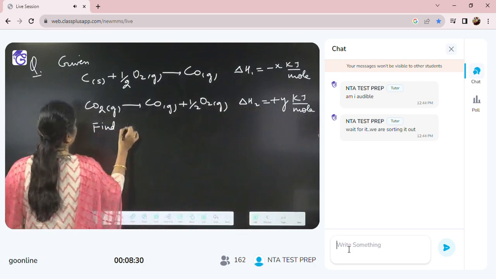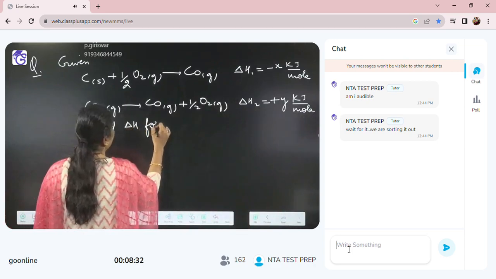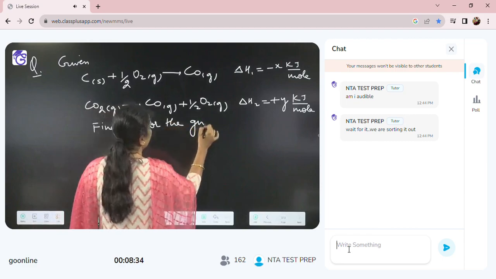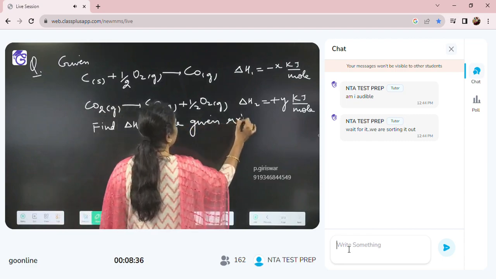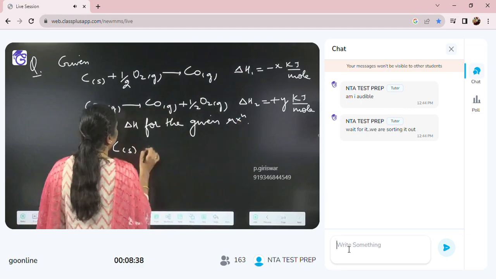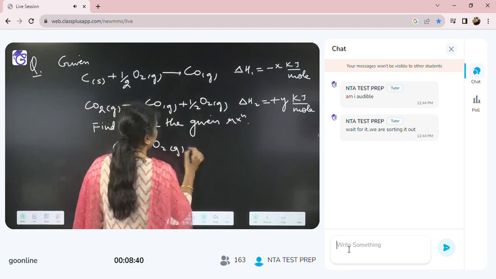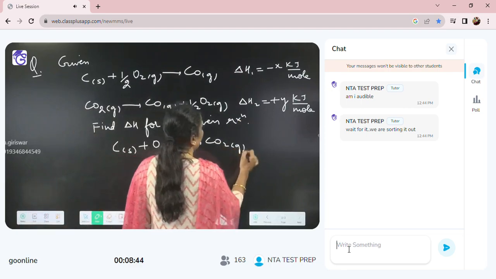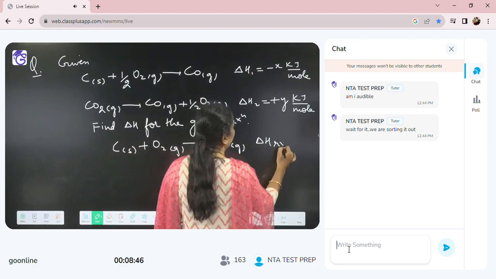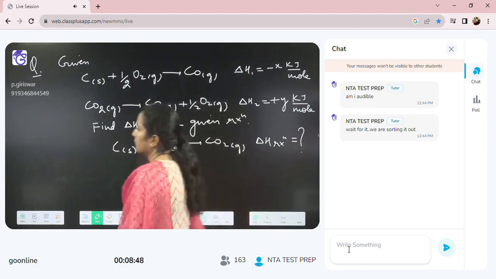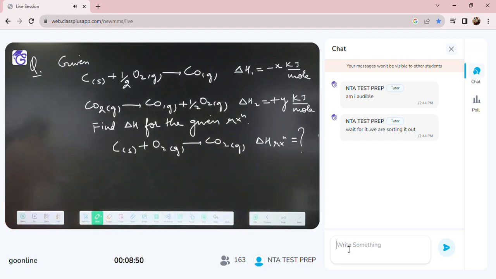Find delta H for the given reaction. I'm writing down that reaction. For that reaction you have to write down carbon solid plus O2 gas giving you CO2 gas. For this reaction you have to find out delta H. Find it out and let me know.